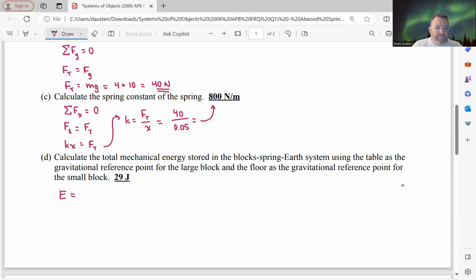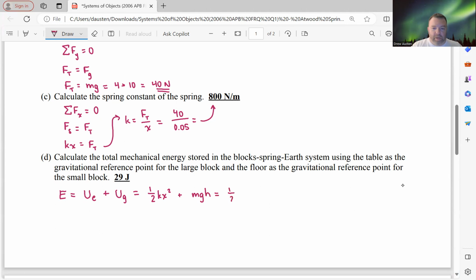So it's just going to be the spring energy or the elastic energy of the larger block plus the gravitational energy of that smaller block. So the spring or elastic energy is given by 1/2 kx squared, and the gravitational energy of the small block is mgh.